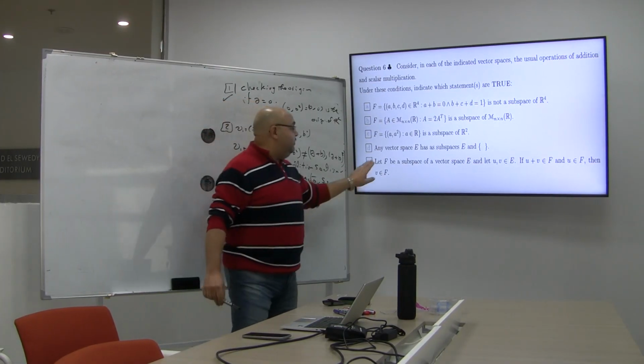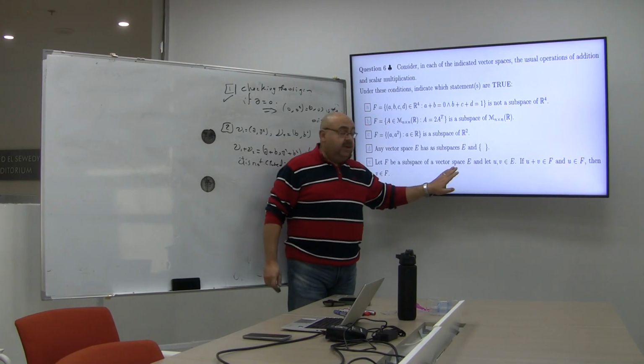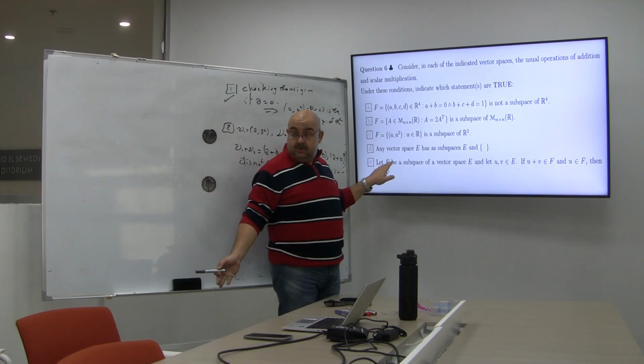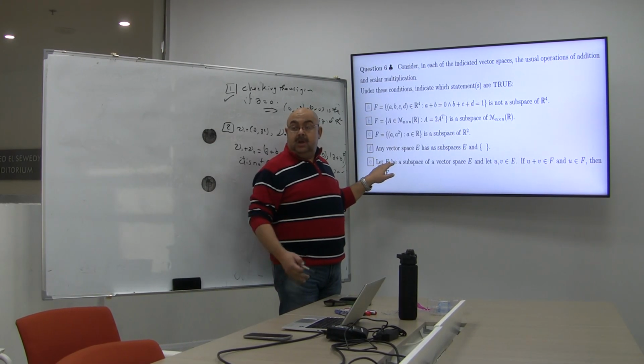Remark that F is a subvector space of E. Are we right? So F by itself is a vector space, so it's supposed to be closed under addition and closed under scalar multiplication of vectors.